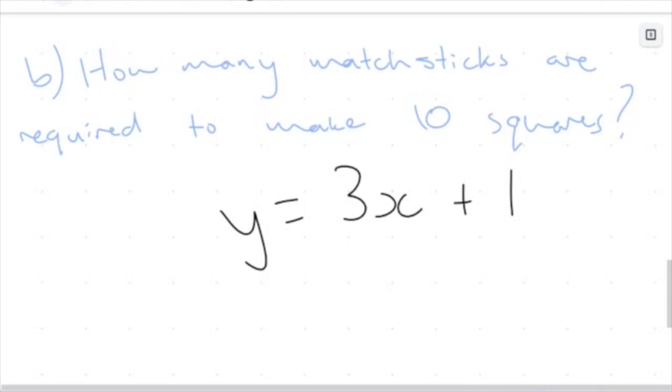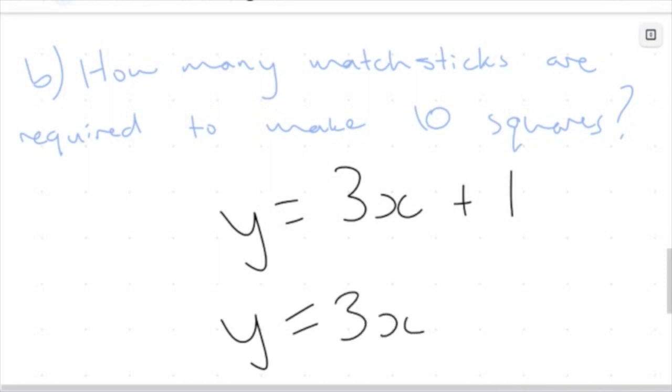So I can say, okay, how many matchsticks are required to make 10 squares? Well, I have one of my variables in the question, 10 squares. And now my squares go in place of my x. So my y equals 3x plus 1, and what's my x?